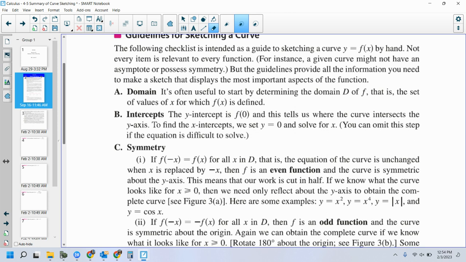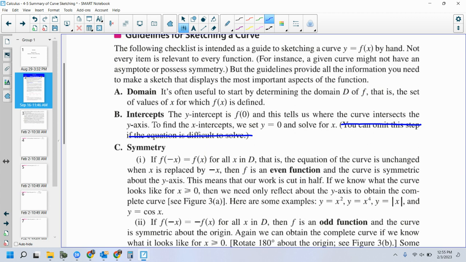B, intercepts. Find all intercepts. That includes x-intercepts and y-intercepts. Now, they put this little piece in here that says, you can omit this step if the equation is too difficult. It's like, no, we can't omit that step. No, we're not going to be omitting that step.